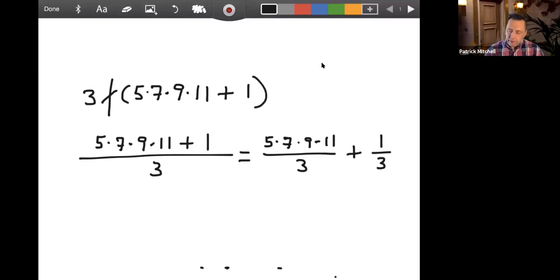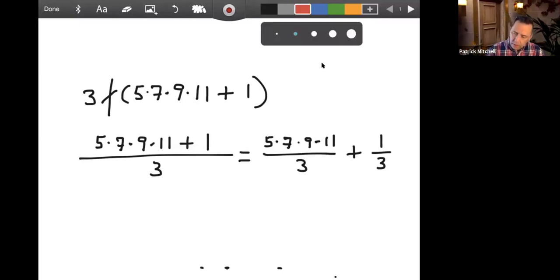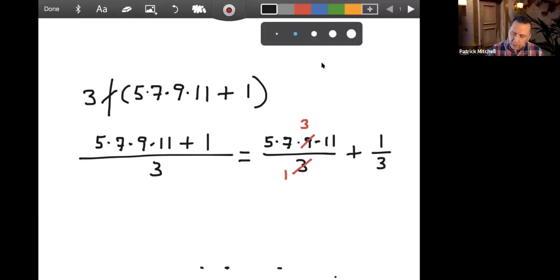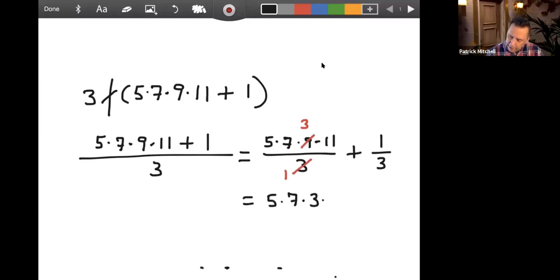All right, so now look at what I notice. We can take this 3 and this 9 and divide out a 3, and that's going to leave 1 and 3. So that's going to leave me with 5 times 7 times 3 times 11 plus 1/3.